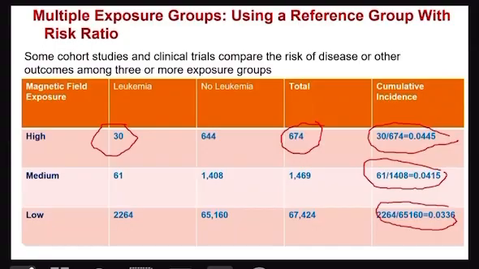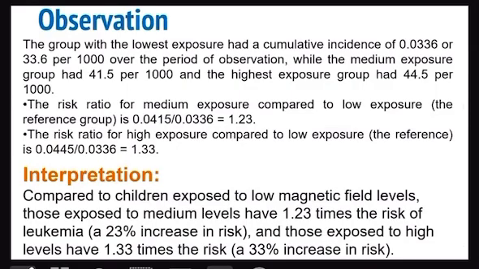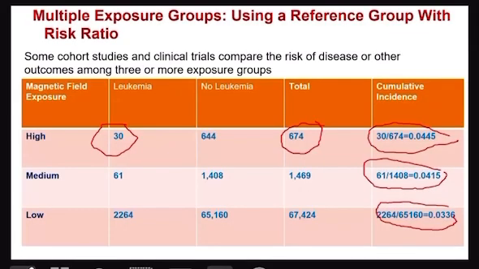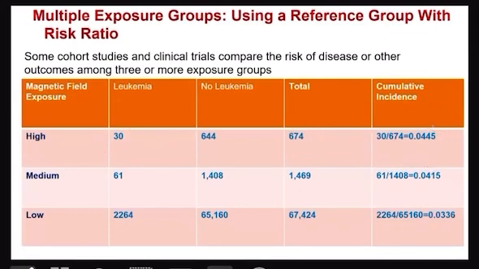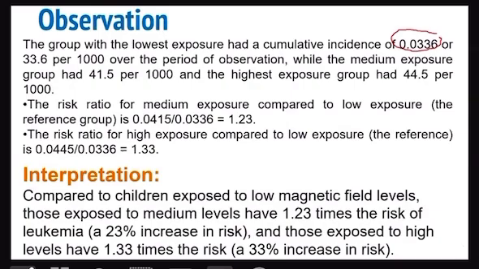Now, if you take a look at what I show, this is the one I got here for the lowest exposure, the one we're going to use as a reference.